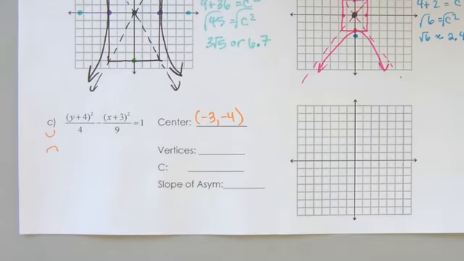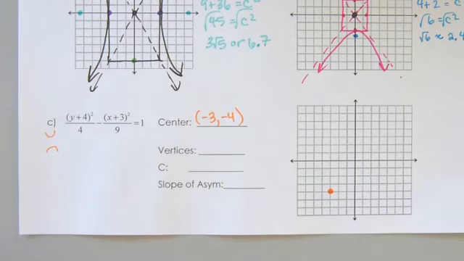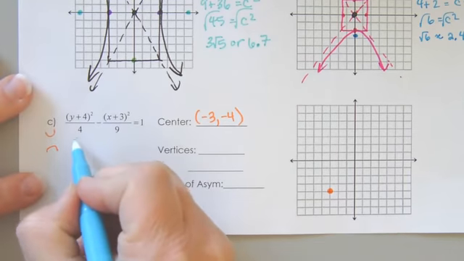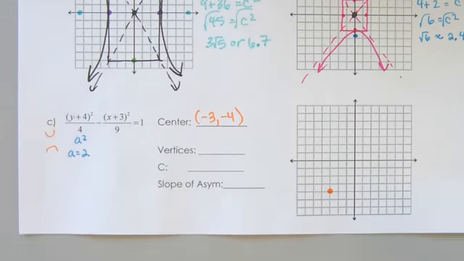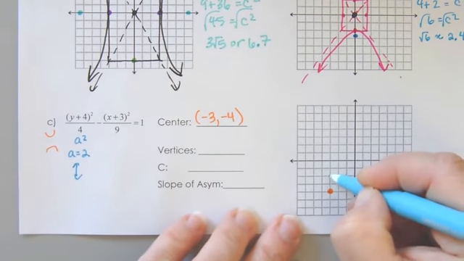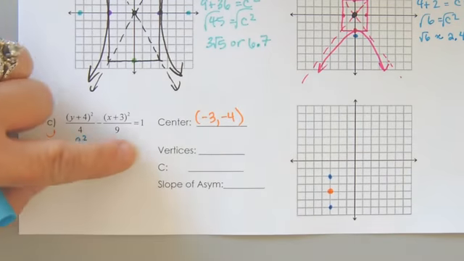So you want to plot that point, go back 3, 1, 2, 3, 4, right there. All right, to find the vertices under the y, I've got 4, that's my a squared, so a is equal to 2. So that means I'm going to go up and down that far from the center. So go up 2 and go down 2. Those are my vertices. So let's figure out what those are.